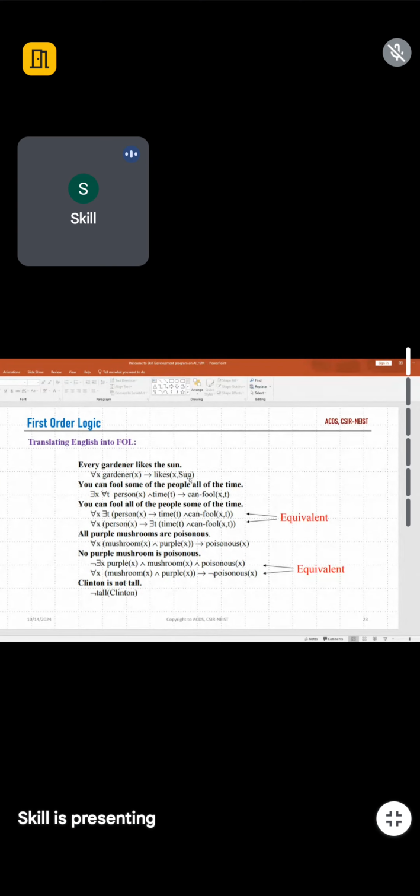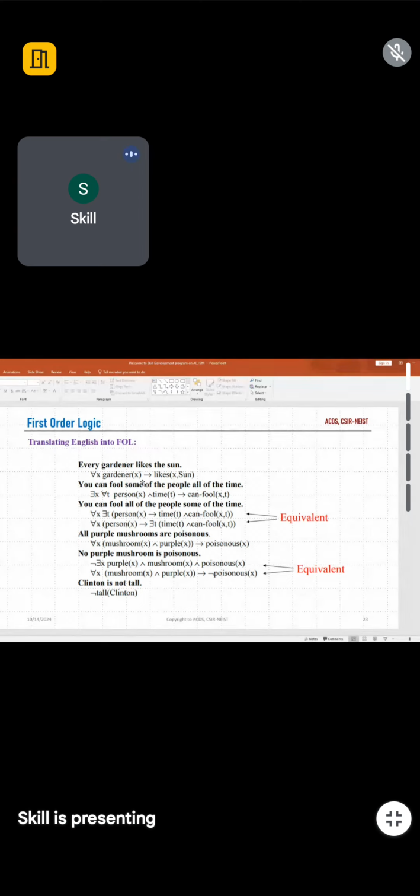So all this we can explain with this symbol. Then the second sentence is, you can fool some of the people all of the time. So for some of the people we are writing this symbol with x, and for all time we are writing for all t, person(x) and time(t), and that can fool(x, t).